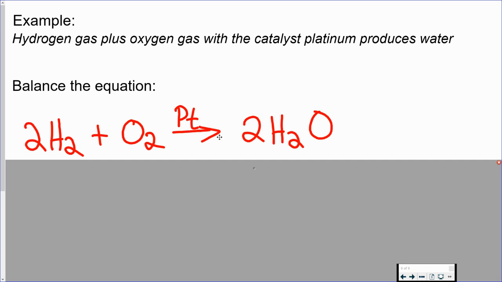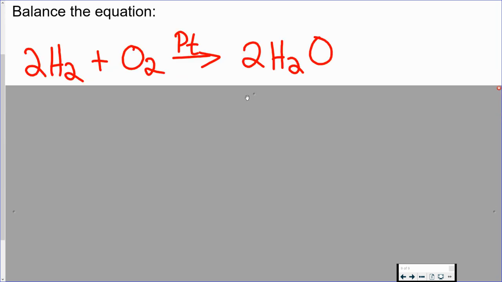Pt over top of the arrow tells me that it is a catalyst. It has nothing to actually do within the actual reaction other than to lower the activation energy, and then it produces water. Notice that you have 2 O's here, so you need to put a 2 here, giving us 4 H's. Putting a 2 in front of those 2 H's on the left will give us 4.